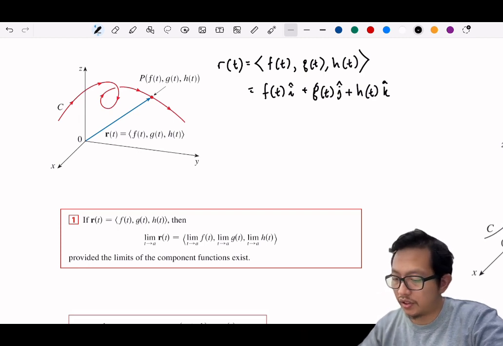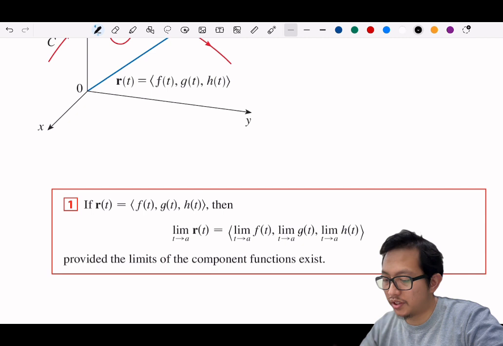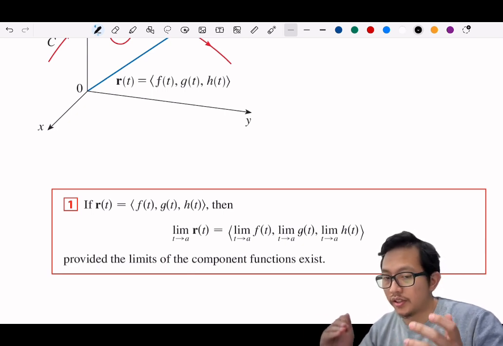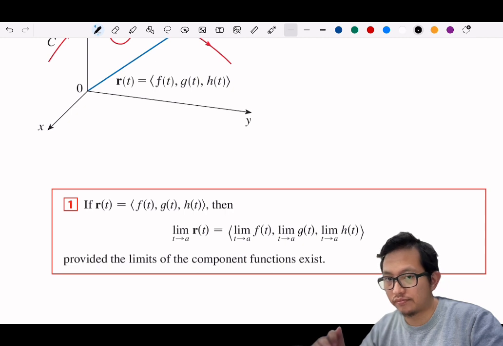So suppose that we have this r, and if we take the limit of r, it means that we take the limit of each one of the components, x, y, and z, if of course the limit exists.